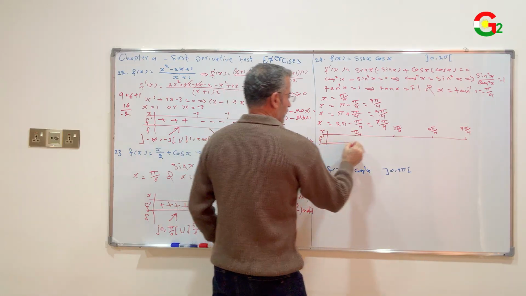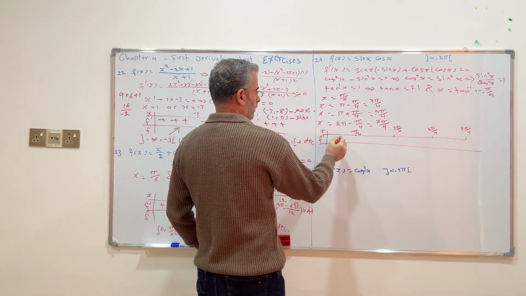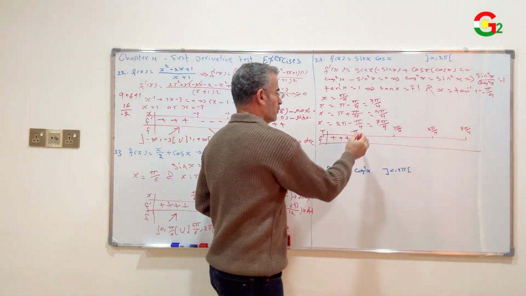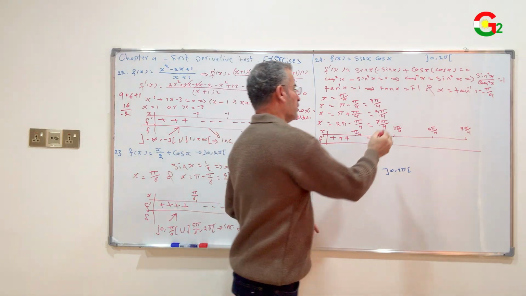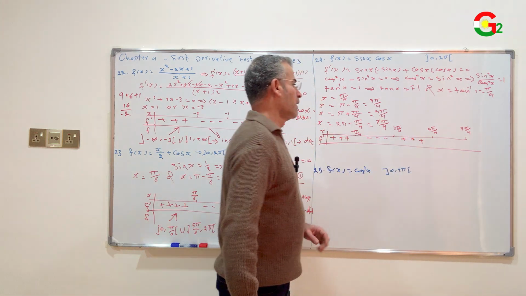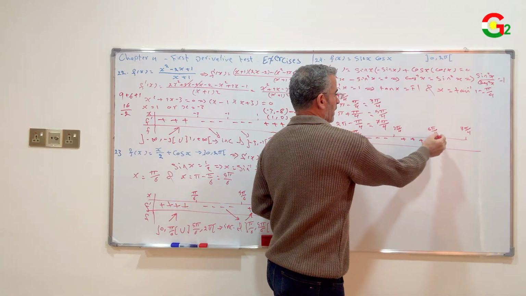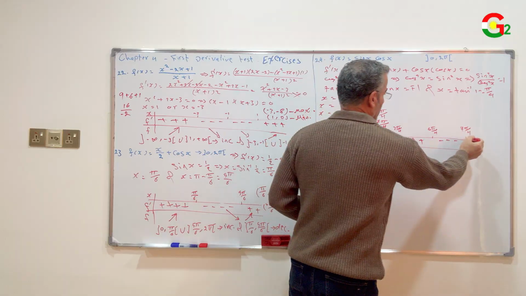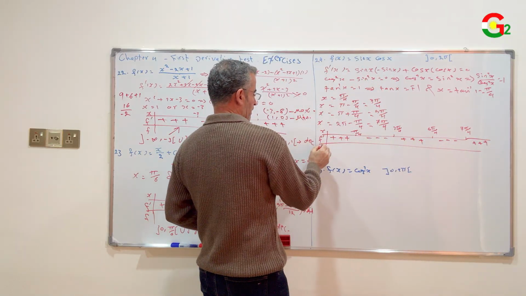Find the sign of the derivative before and after these points. Before pi over 4, the sign is positive. Between pi over 4 and 3 pi over 4, negative. Between 3 pi over 4 and 5 pi over 4, the value is positive. Between 5 pi over 4 and 7 pi over 4 is negative. Greater than 7 pi over 4, the sign of the derivative is positive.